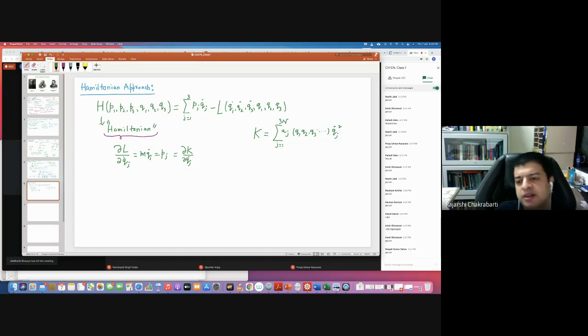For an n particle system, this is the kinetic energy. If Aj is m by 2, you get your kinetic energy back. I'm just writing it in a more generalized way.